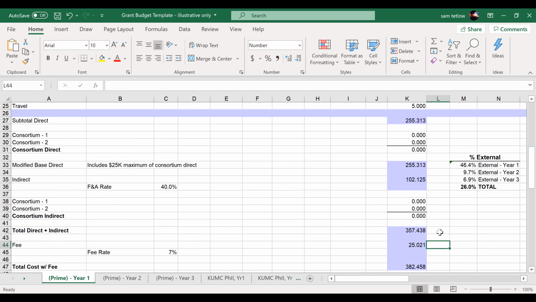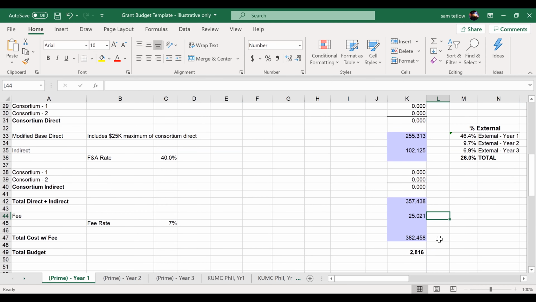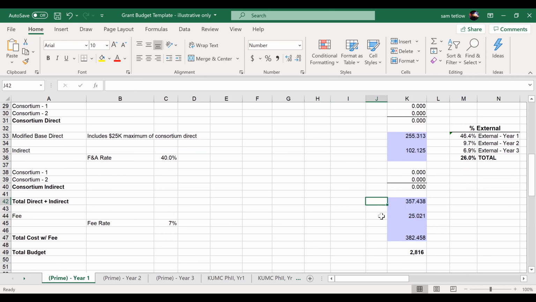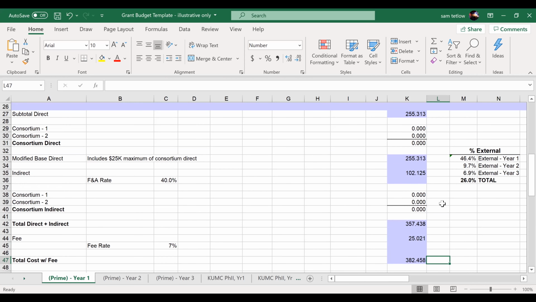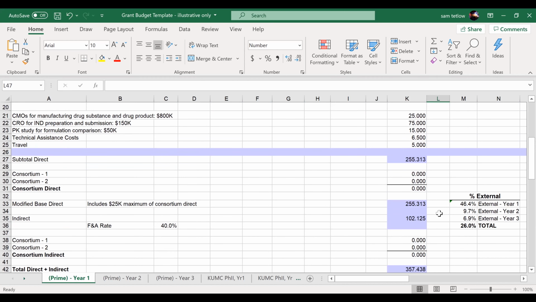And then that subtotal you apply 7% to. 7% is a profit that you apply, and then this total adds up your subtotal right here and your fee to equal that subtotal. So that's a budget. Like I said, we'll walk through some Q&A, but that's the workup of a budget.